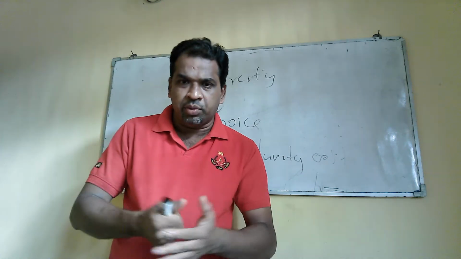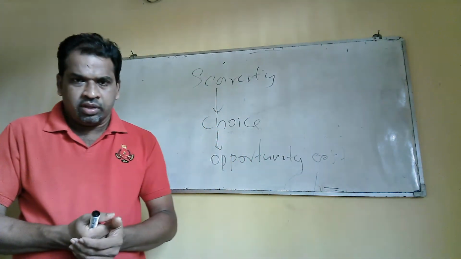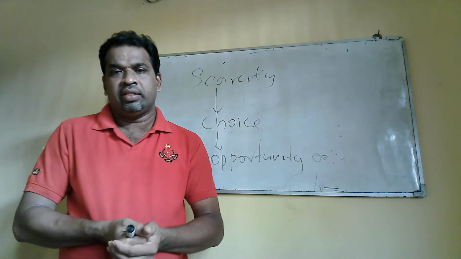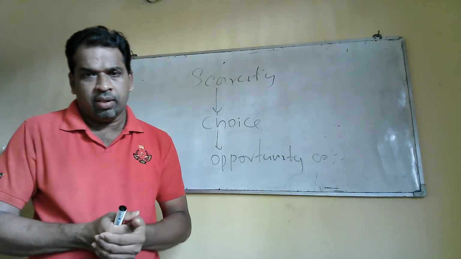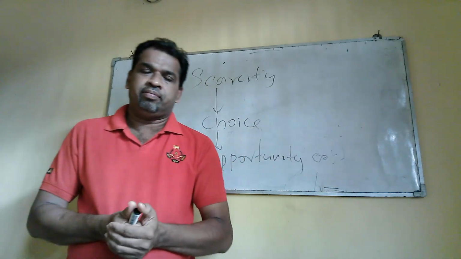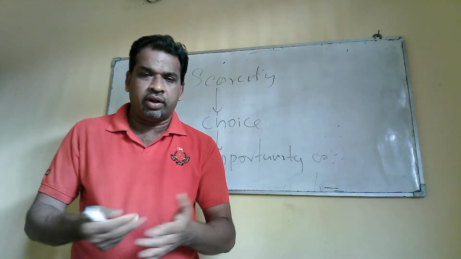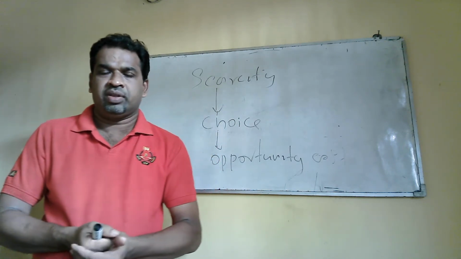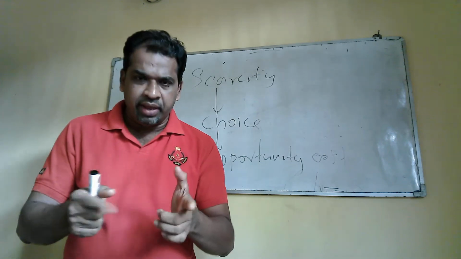What do you mean by free goods? There can be goods which are given by nature. They are gift of nature. They are called free goods. For example, air, sunlight, river water, sea water, no opportunity cost, no owner. Therefore, they are called free goods.